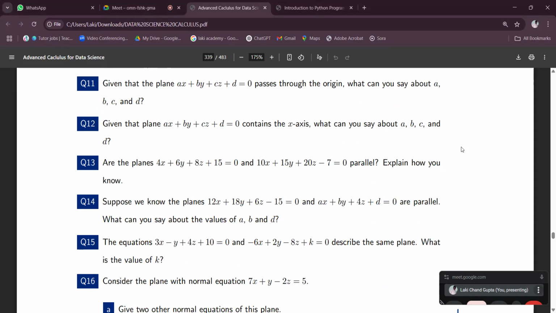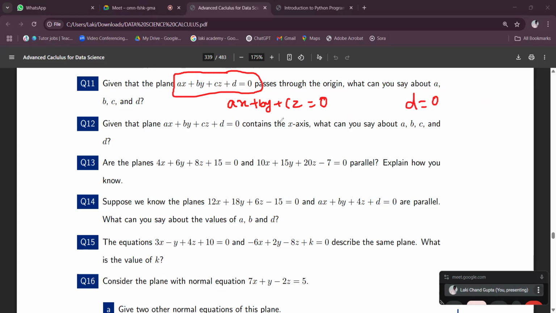Given the plane passes through the origin, what can you say about A, B, C, and D? If it passes through the origin, then D will be 0, right? Because when you put x 0, y 0, z 0, you will get d 0, right?